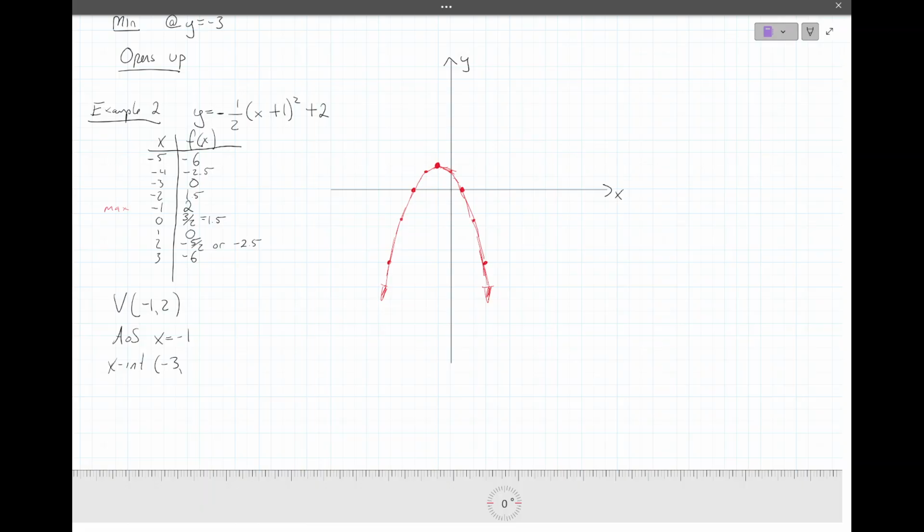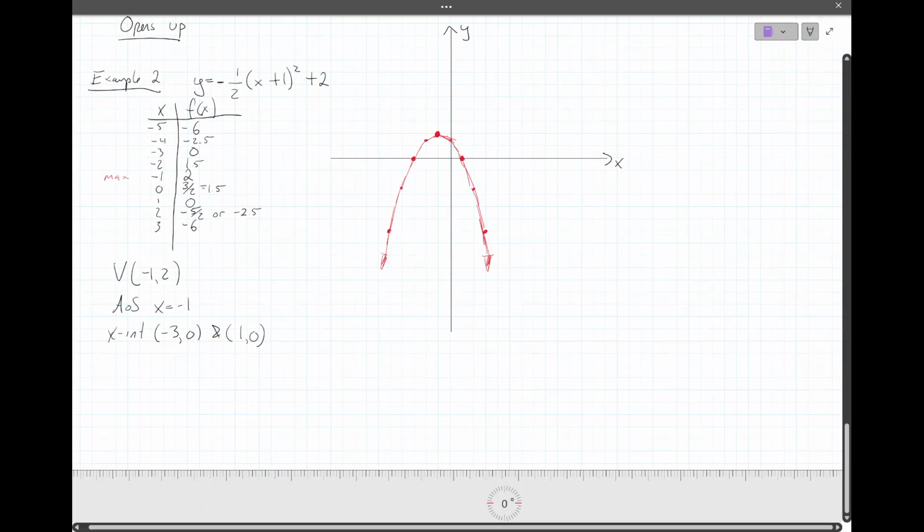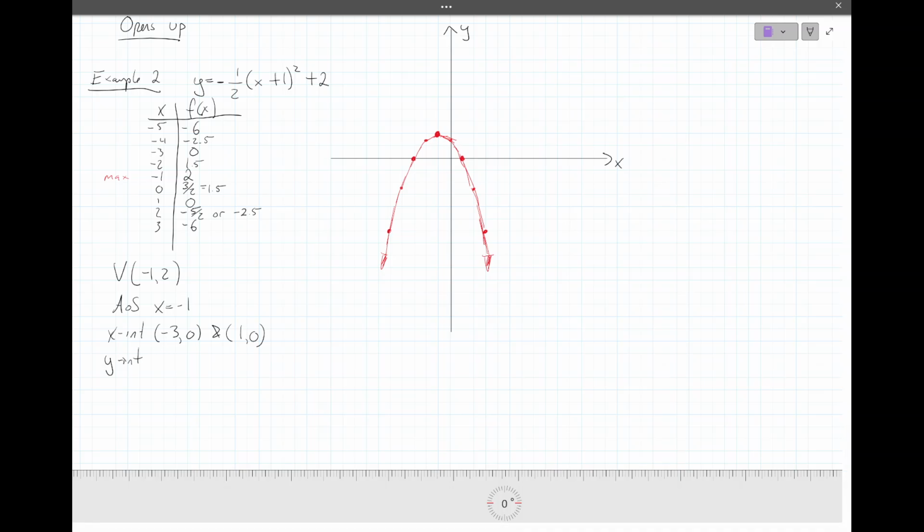So I have one at -3 and 0, and I have one at 1 and 0. You could do the calculations on it. You could do the algebra, and I actually encourage you to do that just so that you can take a look and verify that doing the algebra would give you the same solutions. So take a moment to pause, try it out.